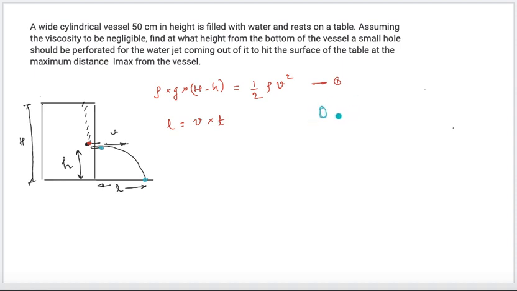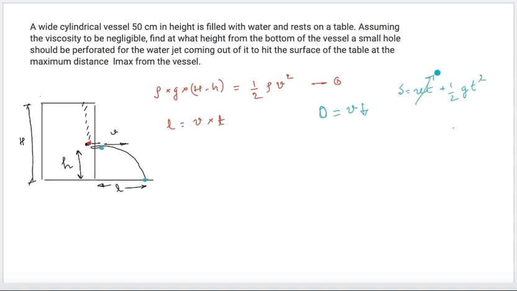We have to write an equation, S equals u t plus half g t square. This is the equation that we will be using, right?